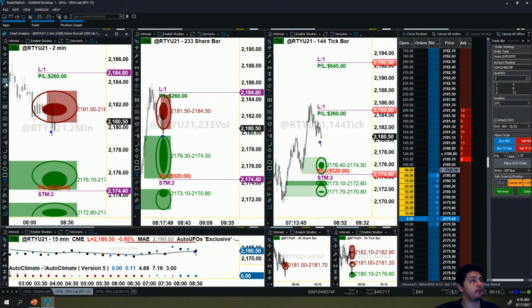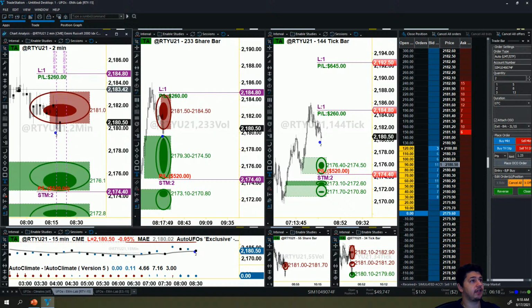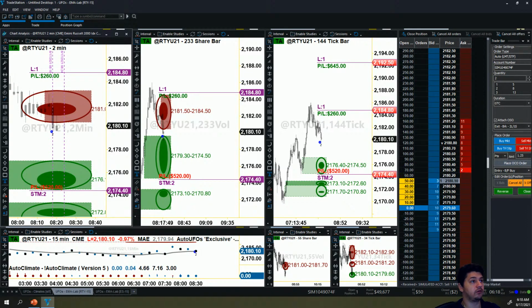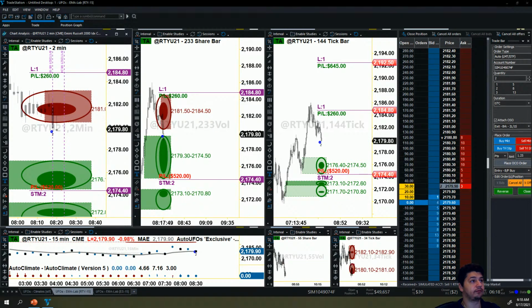We put on a vertical right there. 1, 2, 3. We give it 3 candles to work out. All right, moving nicely. We do have a final target on this one as well. However, we're just going to wait this out, see how it works, and go from there.